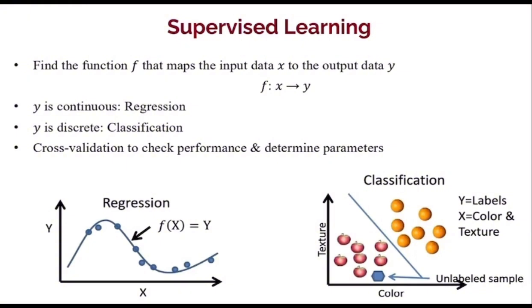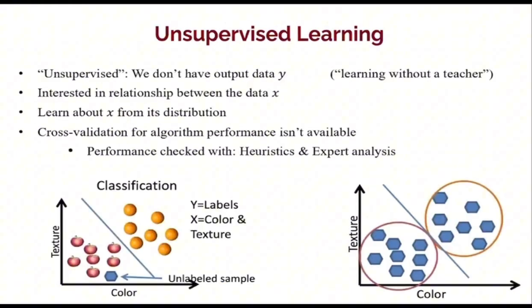All of that is the kind of analysis we conduct when we have access to X and Y, where the outcome variable is actually present, as you can see. So that is supervised learning.